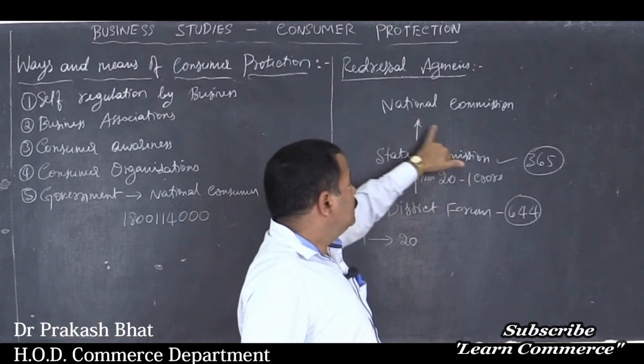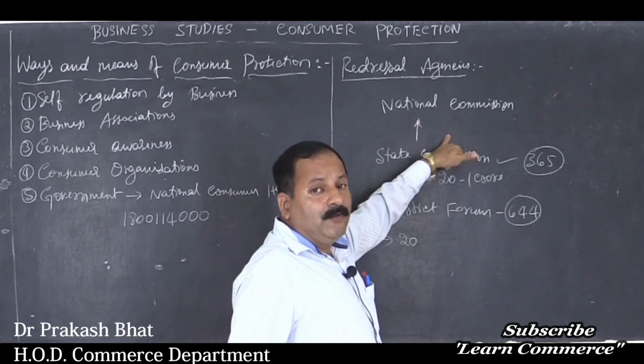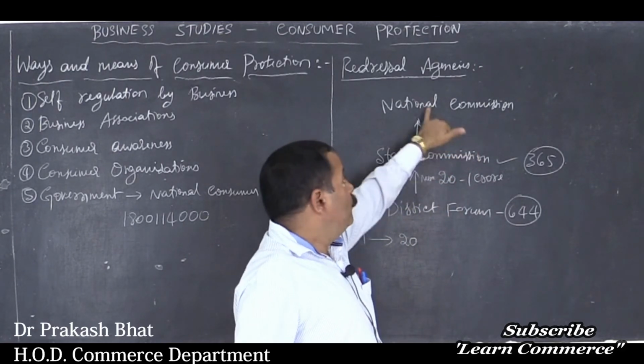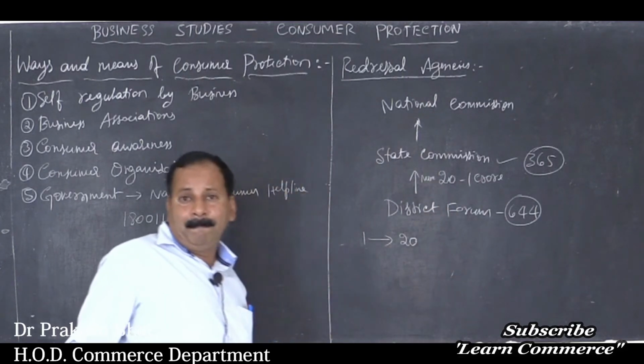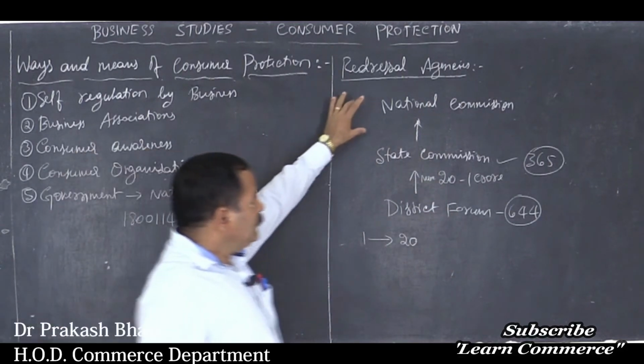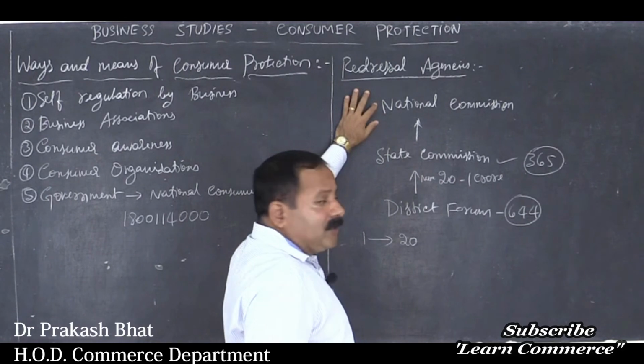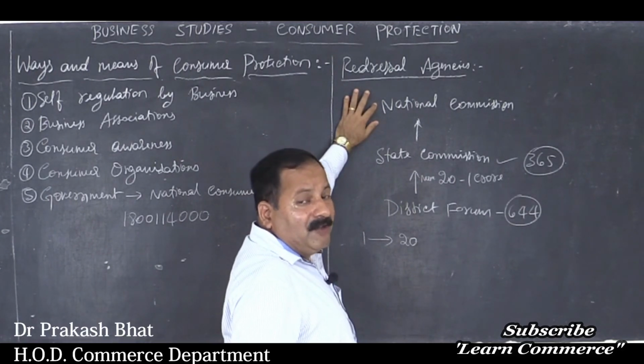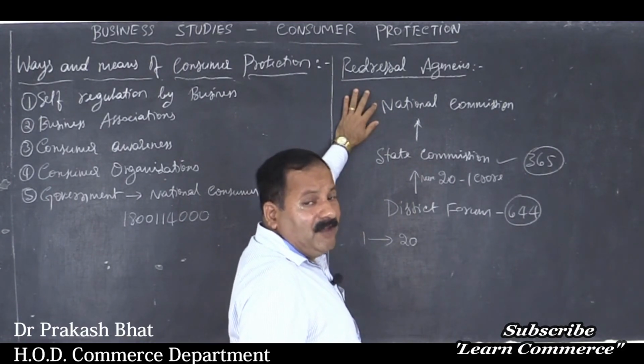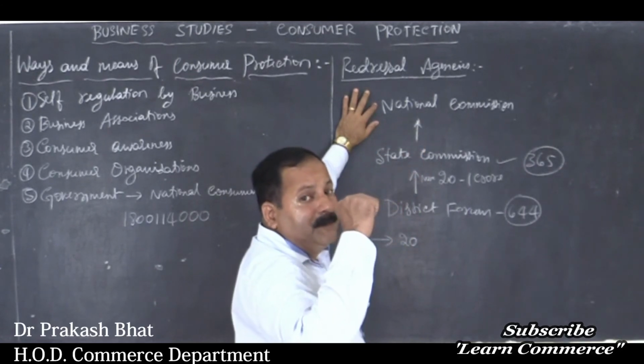The cases where the value involved is more than 1 crore will be taken up, and the president of the national commission should have a qualification not less than that of a Supreme Court judge.